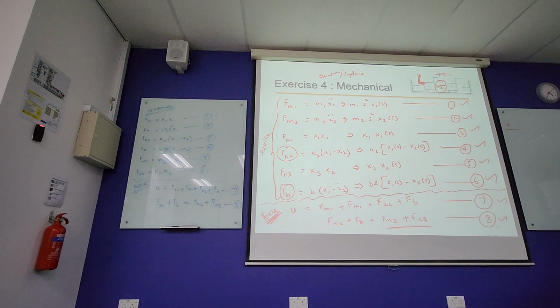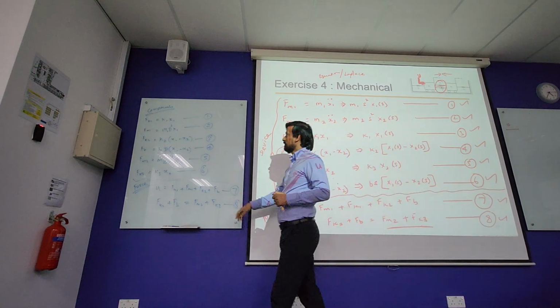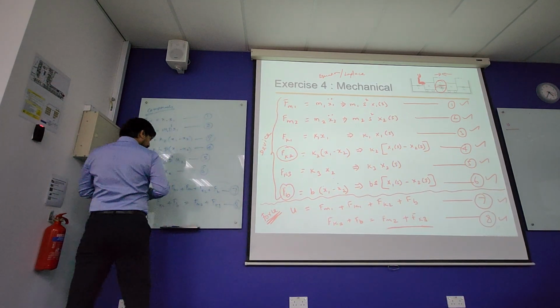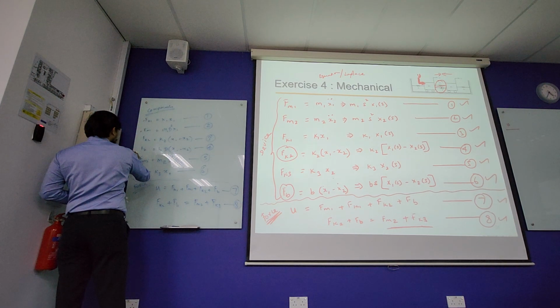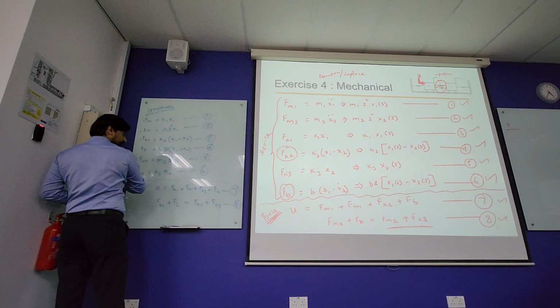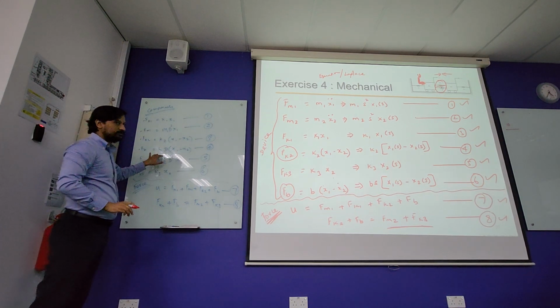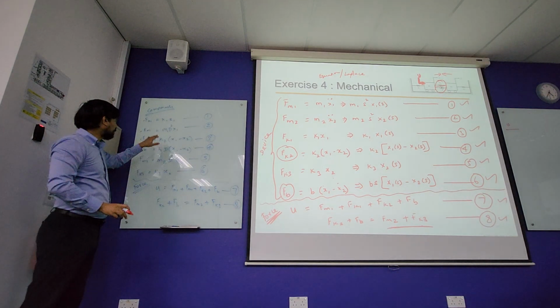Maybe I'll start with the simple one, which is equation 5. See the components, now all the 4. Let me mark them first: K1, M1, K2, then B. Equations 1 to 4 are relevant to u.